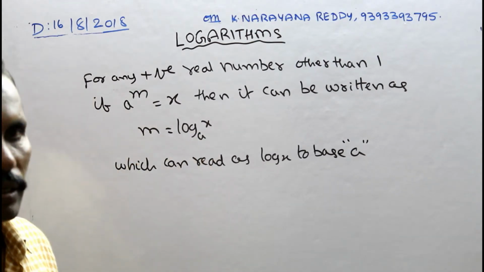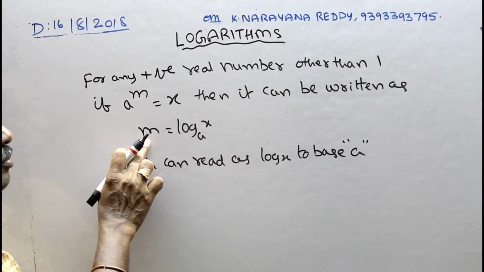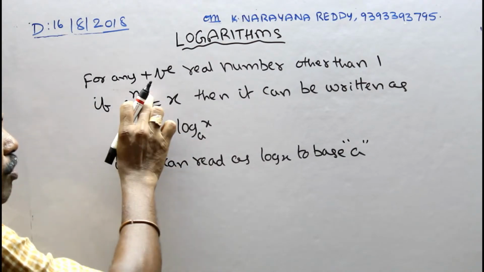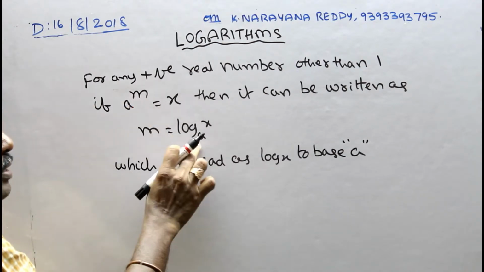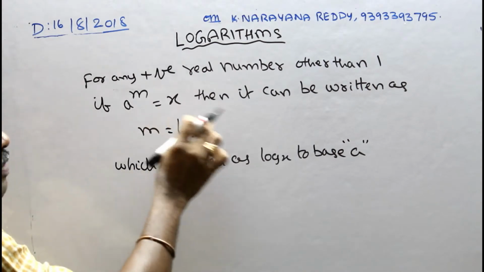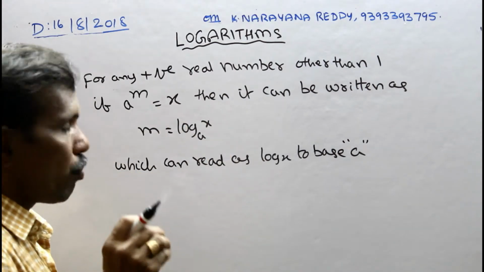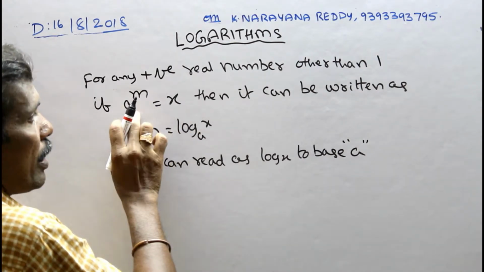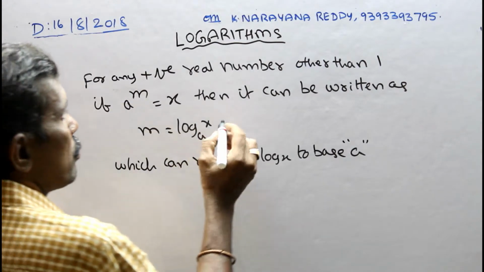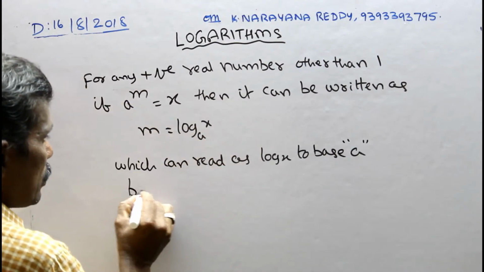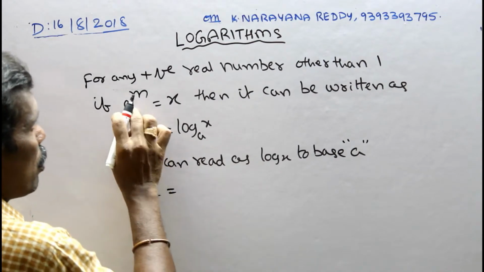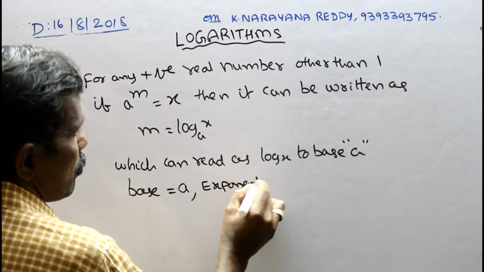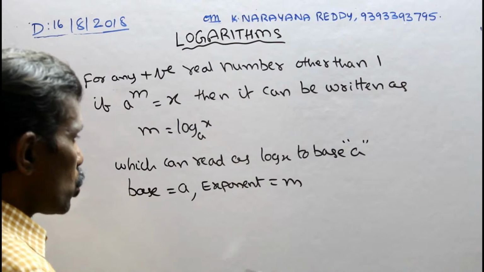That is important. In a to the power of m equals x, the base is a and the exponent is m.